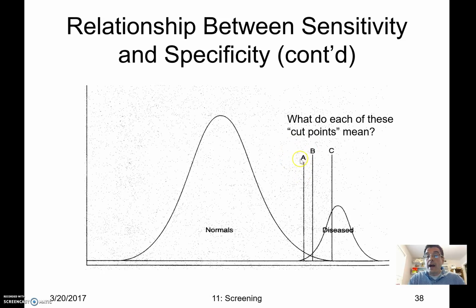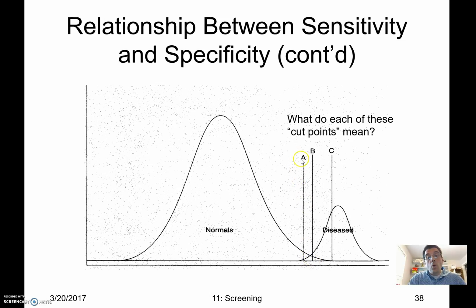So ideally, you want to have it kind of in a scenario with letter B here, where you may miss some individuals that are on the far end of the bell curve with their presentation of the disease. But depending on the type of the disease or the type of health behavior, it may not be okay to miss some individuals that have the disease.